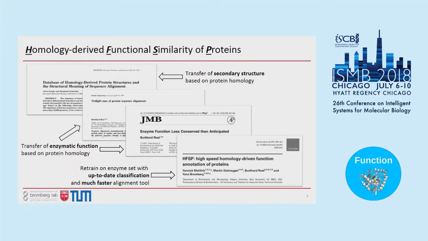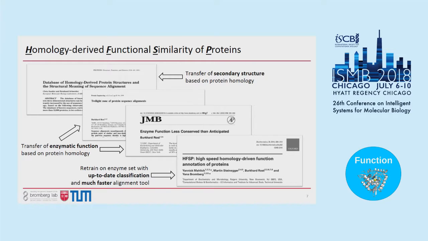HFSP stands for homology-derived functional similarity of proteins. At its heart is an evolution of HSSP, which was originally developed by Chris Sander and Reinhard Schneider and used to transfer secondary structure based on protein homology. Then in the late 1990s, early 2000s, Burkhard Rost showed that you can also use this to transfer enzymatic function.